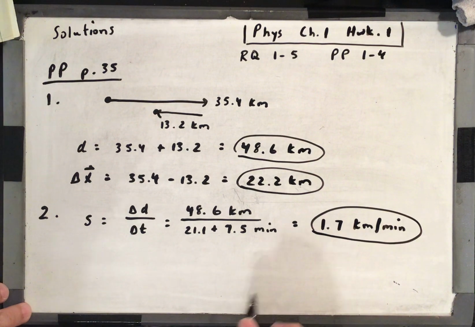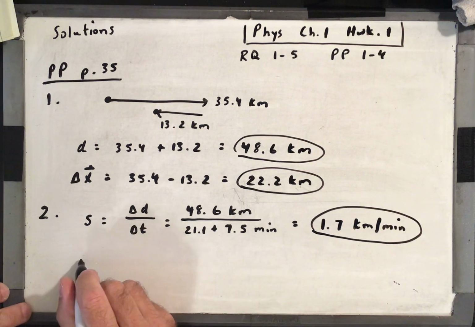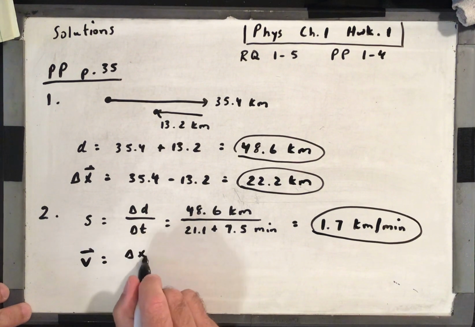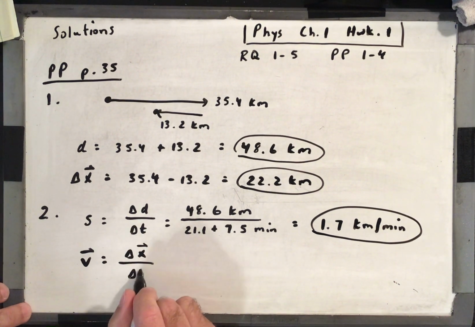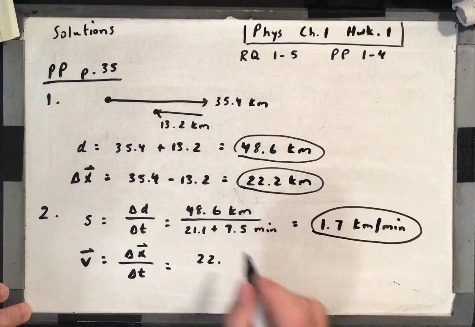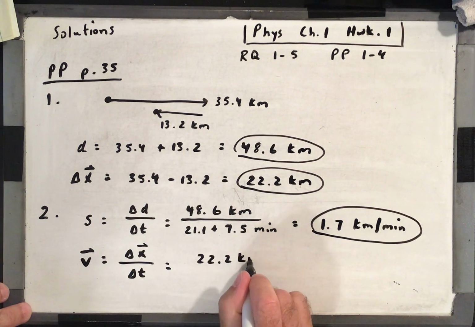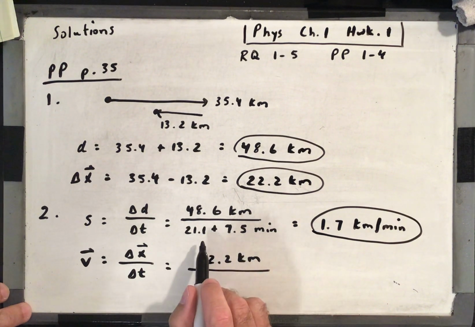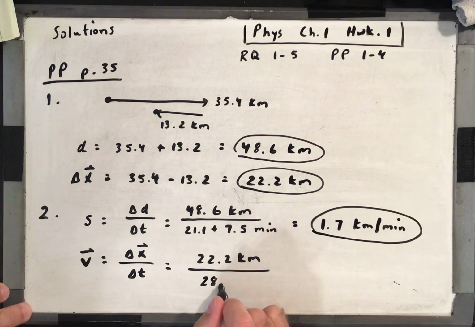for speed. All right, velocity, which is a vector, so we're going to put that little arrow there, is change in displacement over change in time. The displacement we figured out from number 1 is 22.2 kilometers. The change in time, we add those two up, so that's going to be, what, 28.6 minutes.